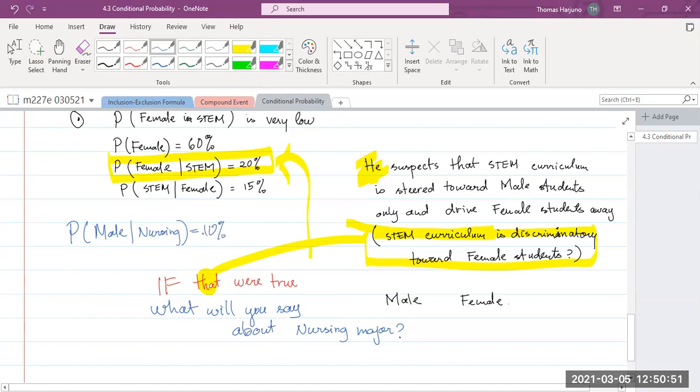Less than that. So if you dare enough to say that the STEM curriculum is discriminatory simply because the percentage here is lower, because the word discriminate is a very, very harsh one. That's not something I can easily ascribe to anybody or anything. Not saying that discrimination does not happen, but if it happens, it's really bad.